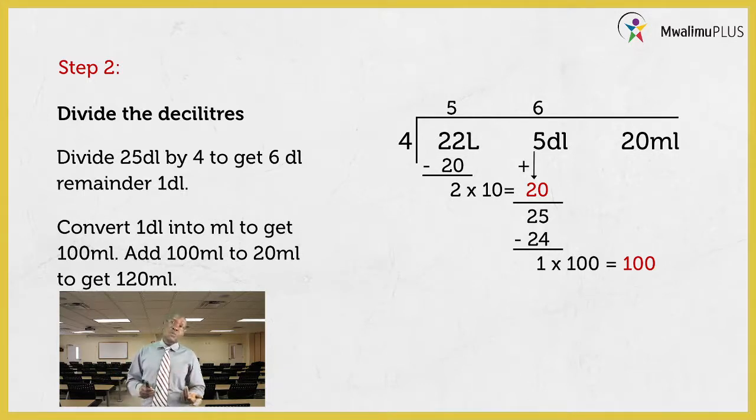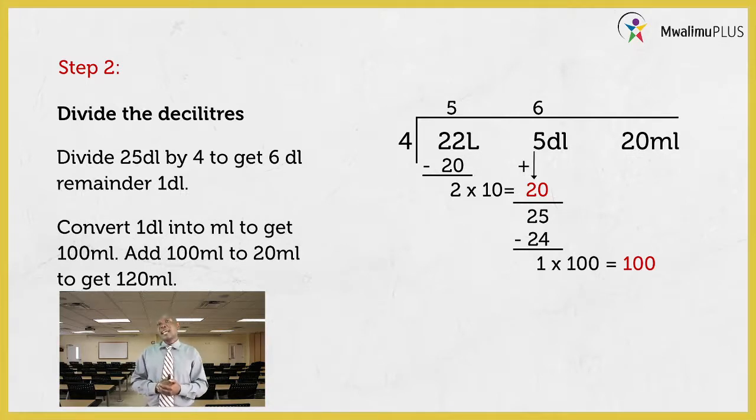We are going to convert 1 dl to ml. It's very simple. We know that 1 dl is equal to 100 ml. So we are going to multiply 1 times 100.